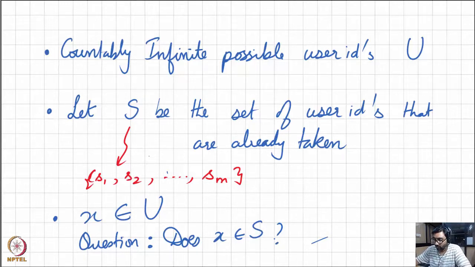This is an important question because as new users come into the system, they're going to try out some user IDs, and if the user ID is taken, then they will have to modify it, and we've all done this several times, I'm sure. The question is, how does the system retrieve the fact that a particular user ID has been used so quickly?